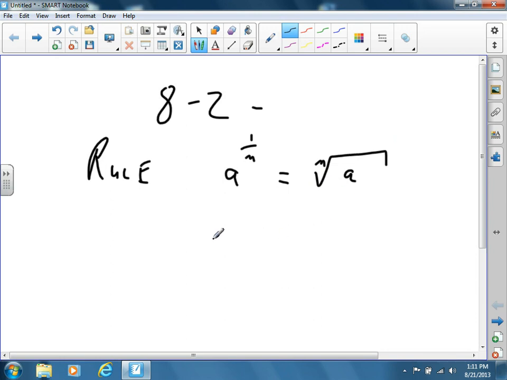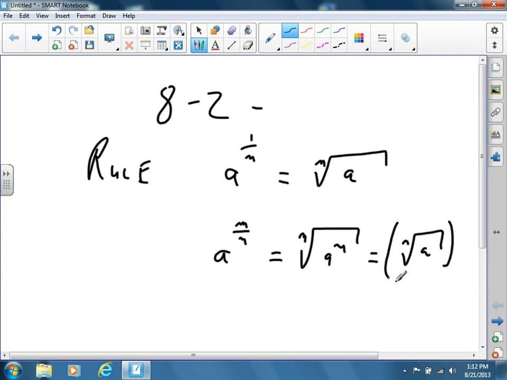And if I have an m on top and an n on the bottom, then that's the same as taking the nth root of a to the m, or it's the same as taking the nth root of a raised to the m.